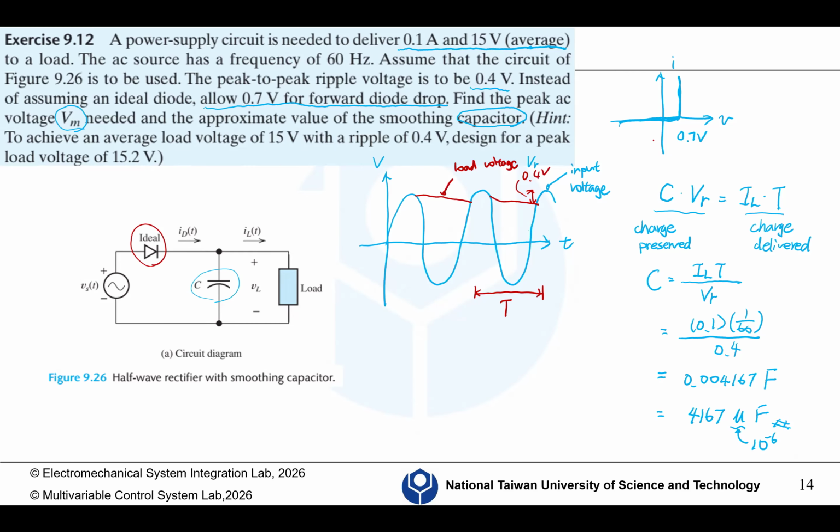Okay. And second, what would be Vm? What should be Vm? Because it says it delivers 0.1 ampere and 15 volts, and it has a parenthesis, it says average.